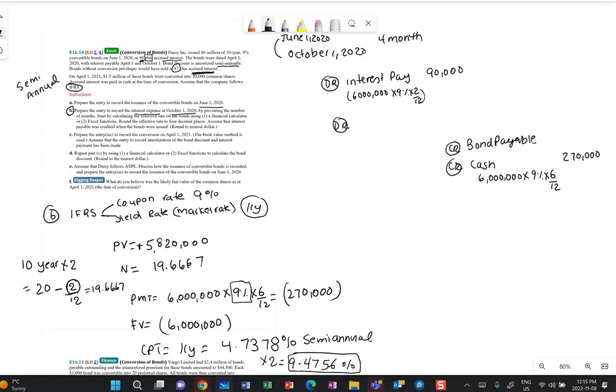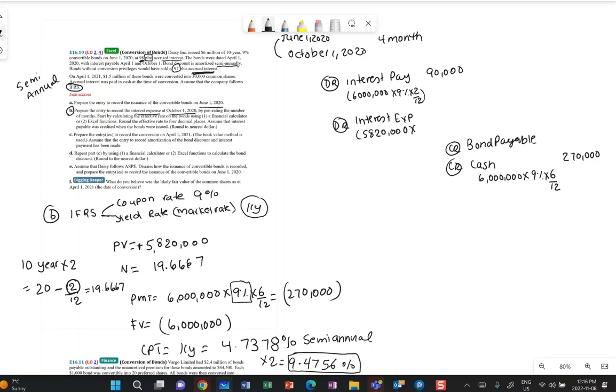When you're calculating your bond payable, you have to calculate the interest expense. Interest expense is only going to be for the 4 months. How are we going to get it for the 4 months? The interest expense is calculated using 5,820,000.